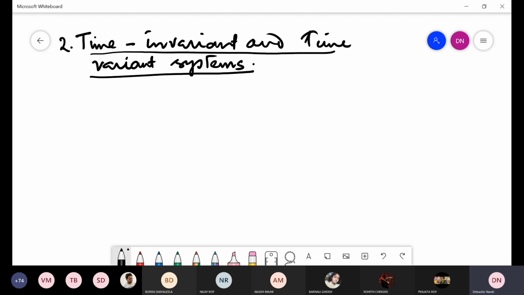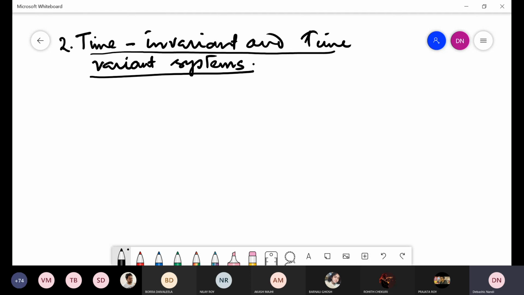Now, what do you mean by time invariant system? This is the most important thing. Let us try to understand this time invariancy with the help of a graph.